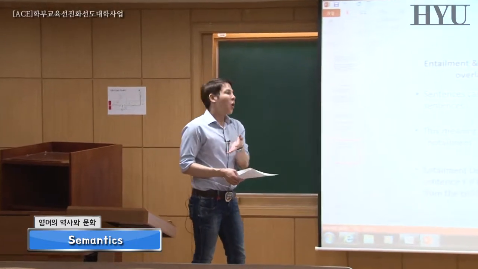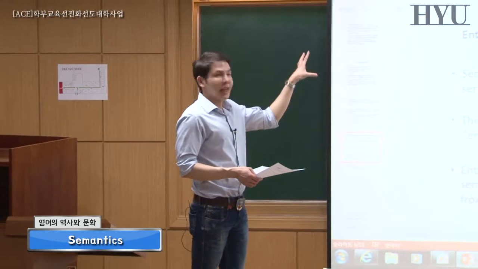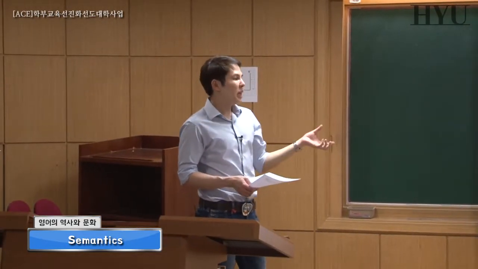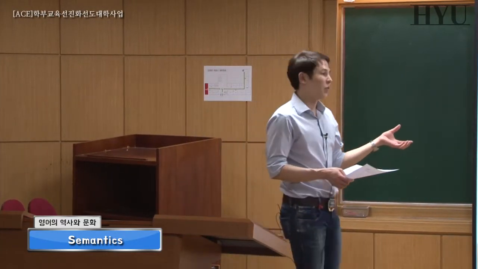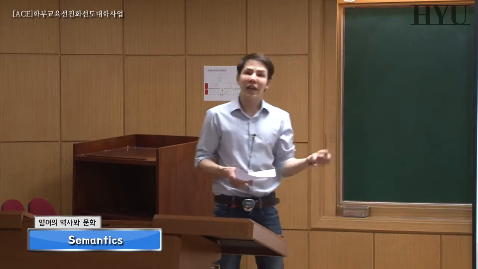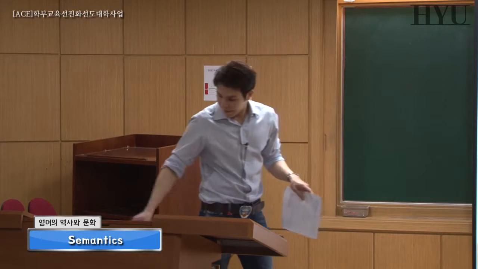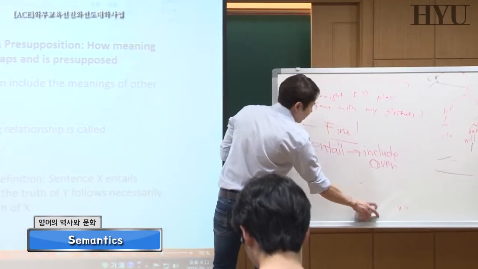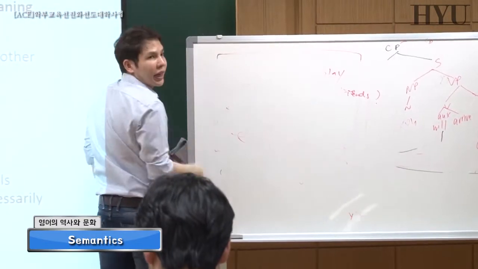Another way to say it: sentence A entails sentence B when the truth of B follows from the truth of A, follows necessarily, inescapably true. In entailment, the way that we symbolize it is by using an arrow.